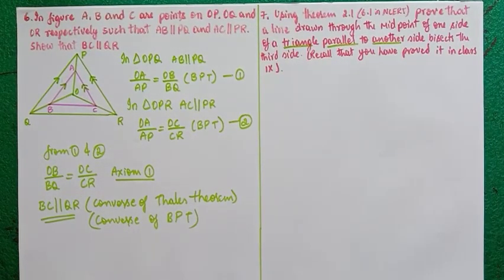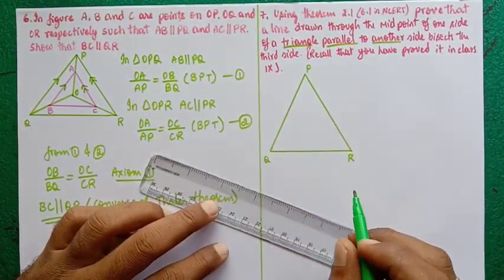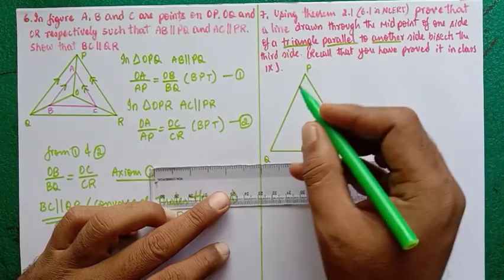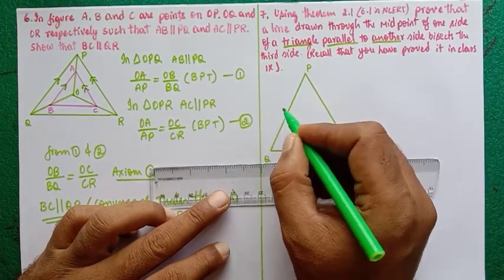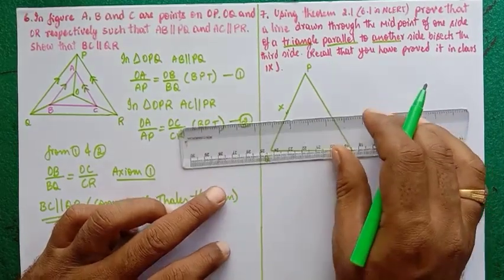So what we have to do is construct a triangle here. First, let PQR be the triangle and let X be the midpoint of PQ.